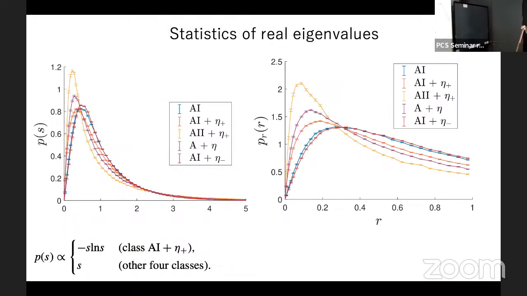And in these 5 classes, we have real eigenvalues, so we can do the standard level statistics among the real eigenvalues. These are statistics which are different from each other. The 5 symmetry classes all have real eigenvalues, but their statistics are slightly different from each other.